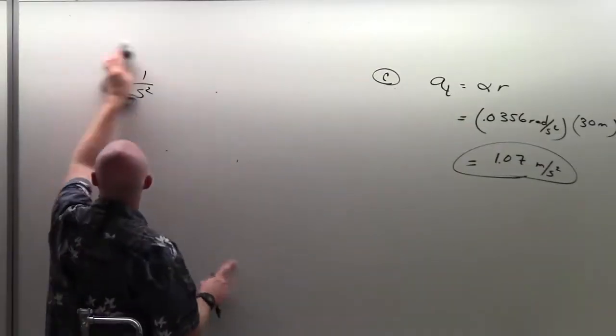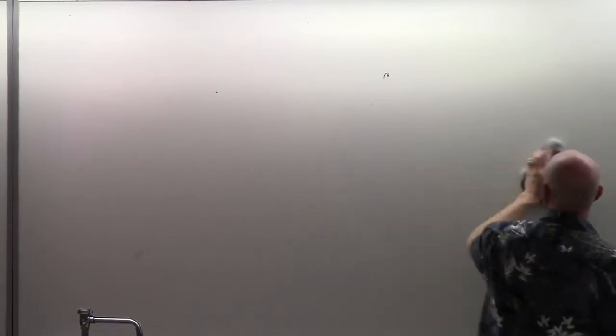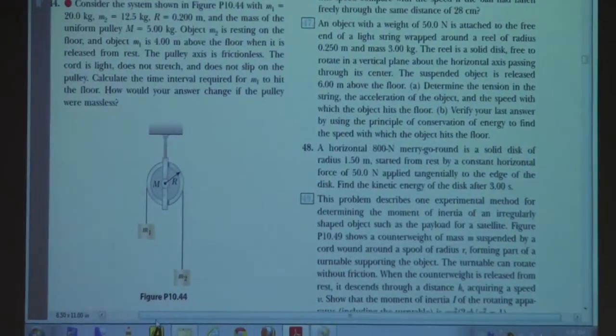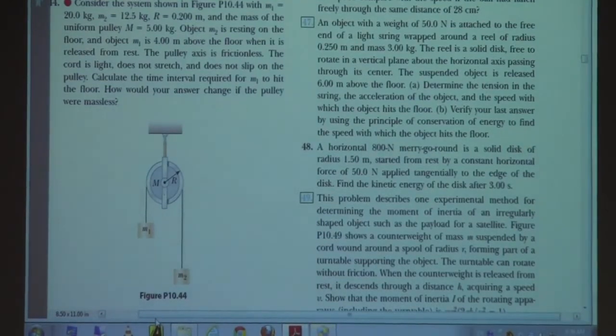And so that first part is clearly saying we have a weight, a 50 Newton weight. Again, notice they're telling me the weight of it, not the mass of it. It is attached to the free end of a light string that is then wrapped around a reel.